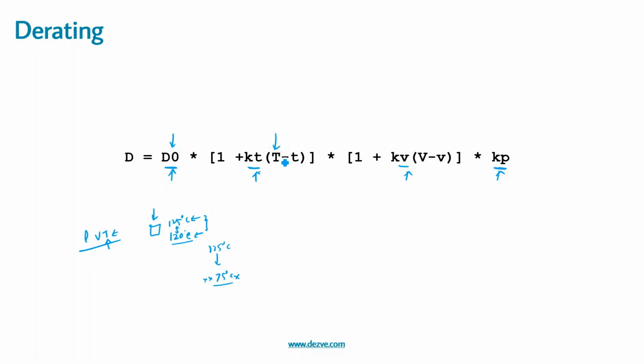This is characterized, for our example of temperature, at 125 degrees centigrade, and then we are trying to measure for 120. This is the equation the tool uses to compute the actual delay values for the specified temperature, voltage and process, and those values will actually be used for static timing analysis.